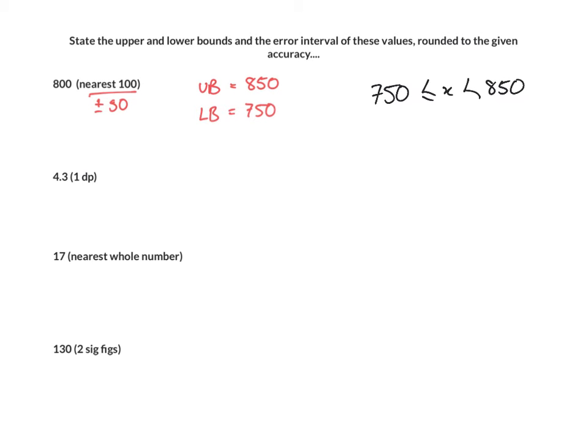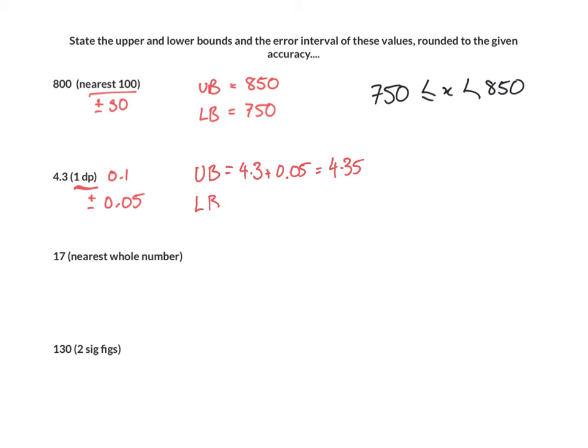In this next one, we're measuring to the nearest 1 decimal place. Now, a unit in the first decimal place is 0.1. So half of that is 0.05. So we're going to add 0.05 and take away 0.05 from 4.3. So our upper bound is equal to 4.3 plus 0.05, which is 4.35.